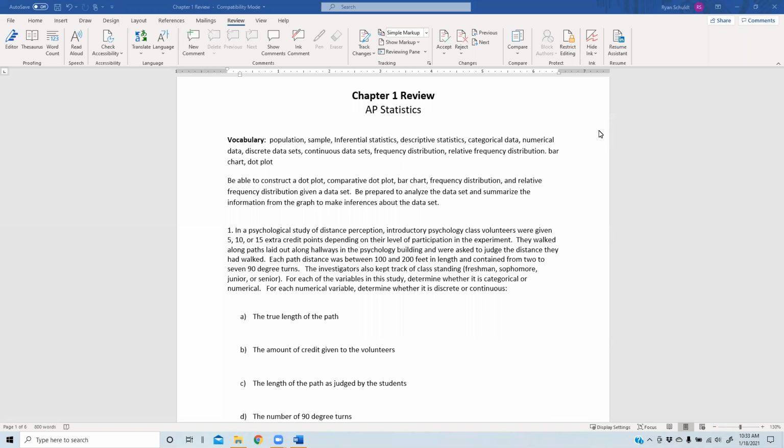I give you some other notes here. You need to be able to construct a dot plot, a comparative dot plot, bar chart, frequency distribution, and relative frequency distribution when you're given a data set, and then be prepared to analyze the data set and summarize the information from the graph to make inferences about the data set.